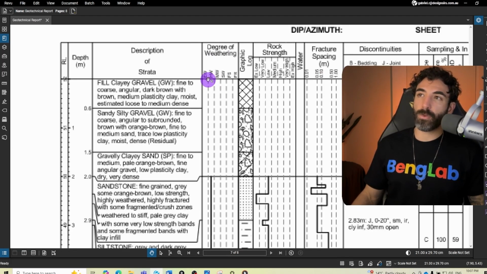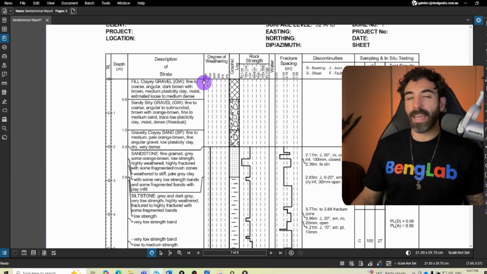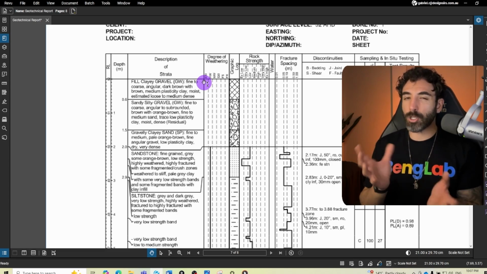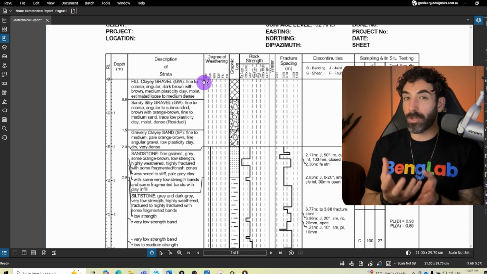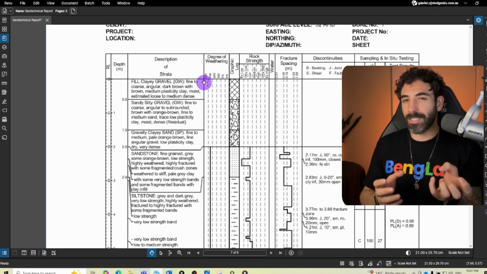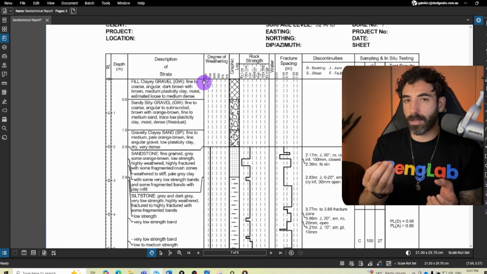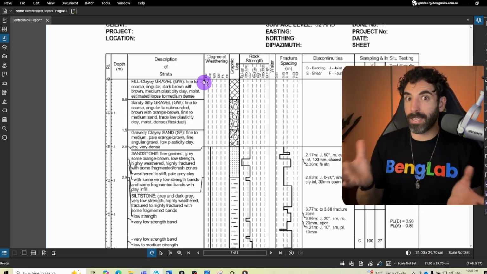You can see that the first one is EW, which stands for extremely weathered. Extremely weathered rock is not a solid rock. It has soil properties, but you can still see the texture of the original rock. Sometimes you can easily break it with your hands. If you go on site and pick up some extremely weathered rock, you can even squeeze it and it will crumble in your hand. So it's not like a solid rock.